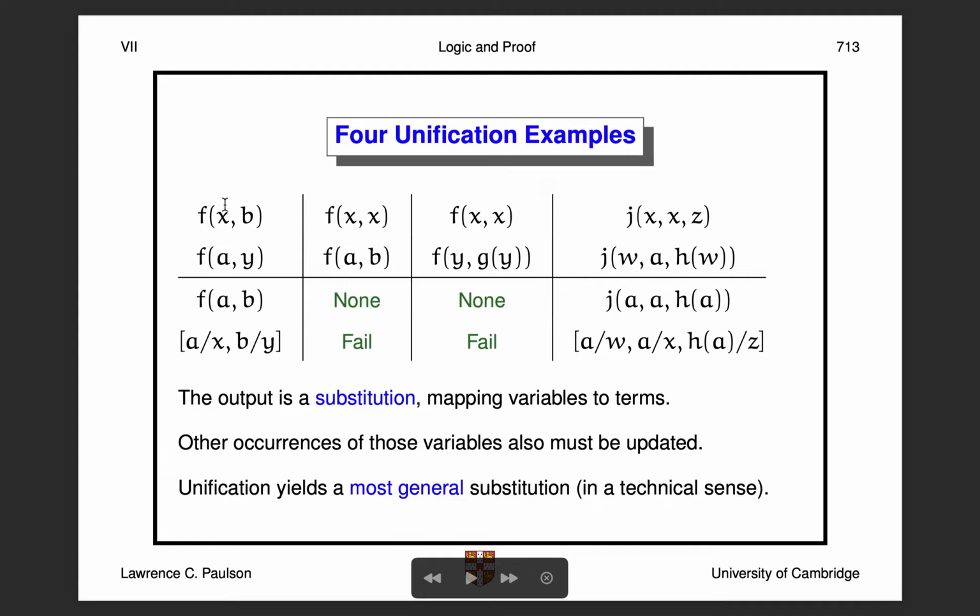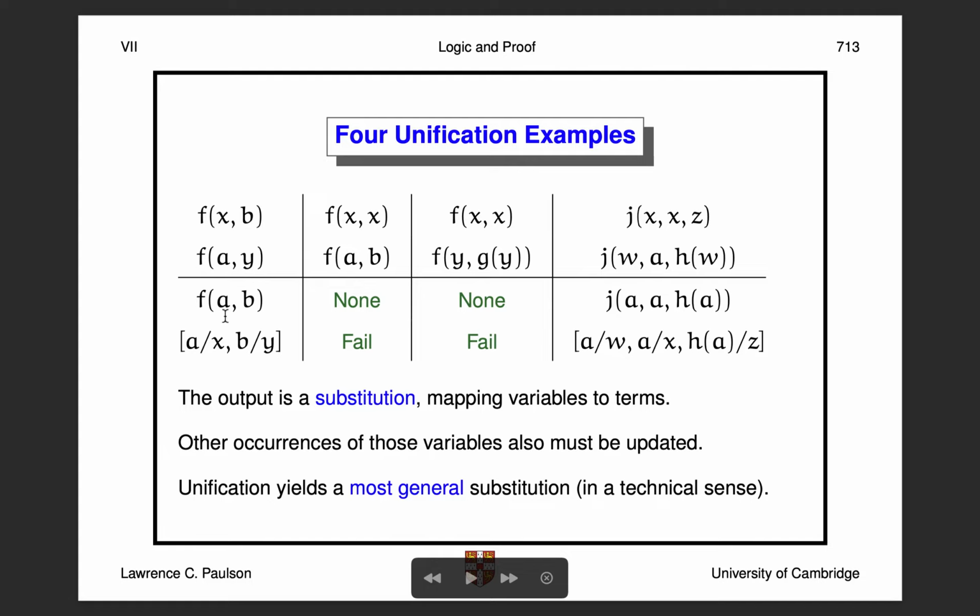Unification replaces variables by terms. Of course, it only replaces variables, and remember, the hint is in the name. Variables vary. Constants stay constant. So x can be replaced by a, y can be replaced by b.